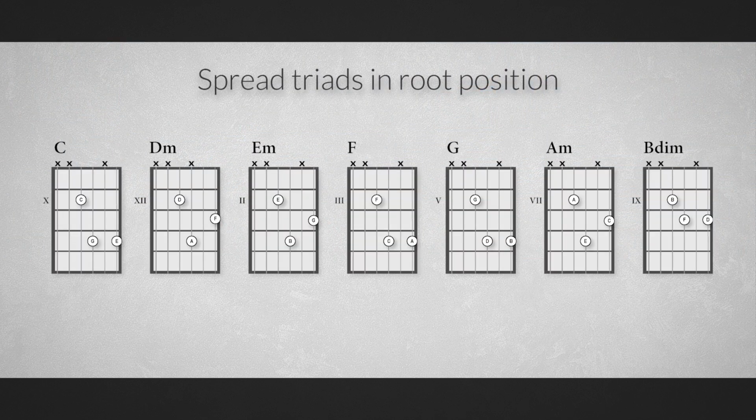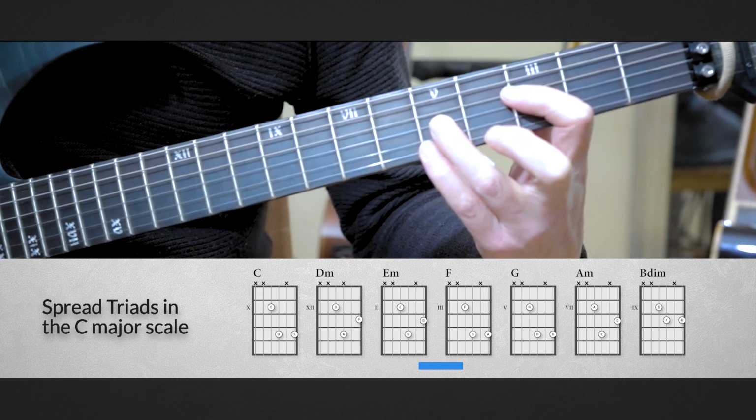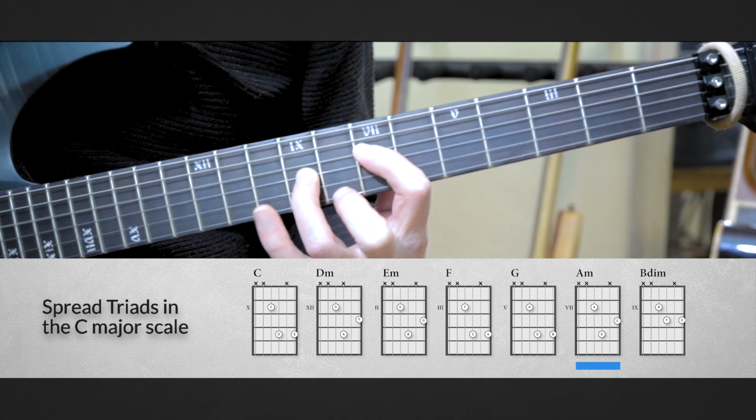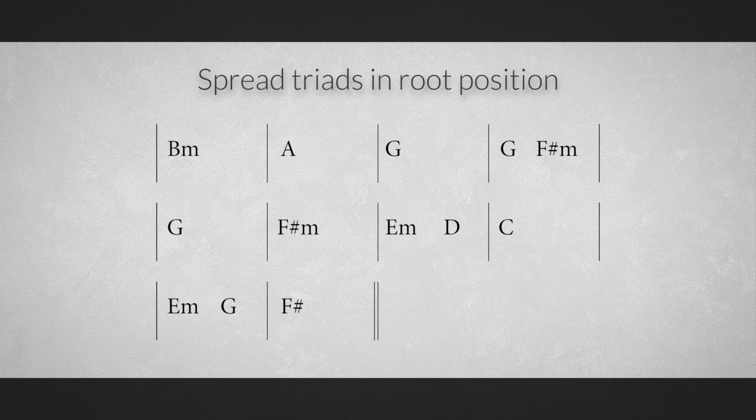And all the spread triads in the root position in the C major key on the highest 4 strings go like this. And in a simple chord progression where I use only root positions, you could do this.